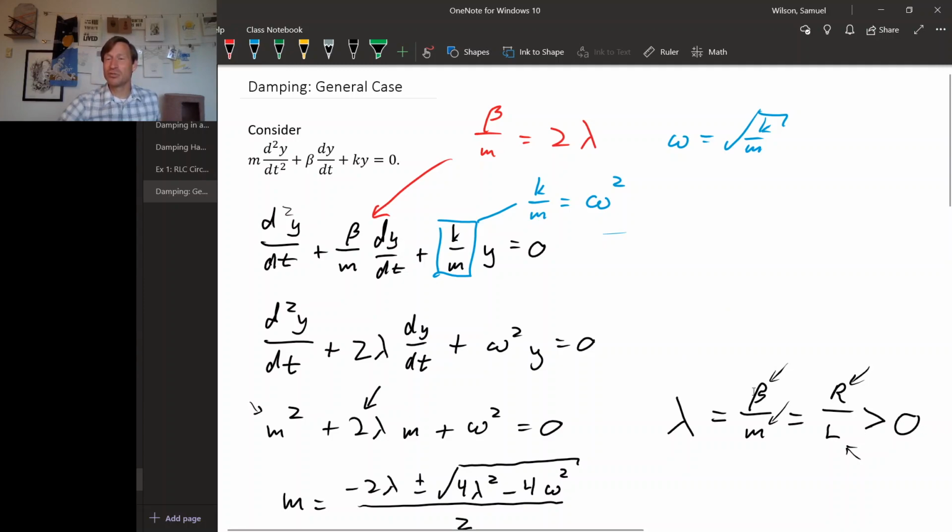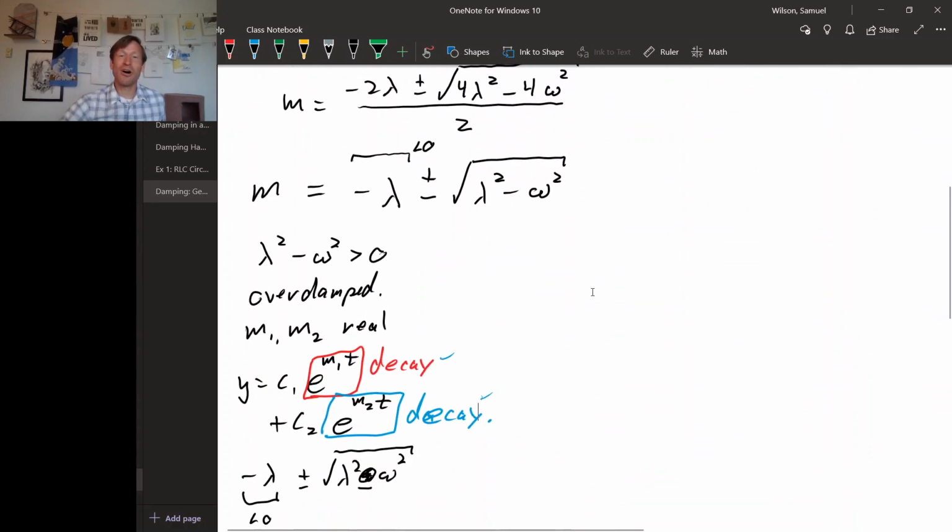To get exponential growth, you have to have some of these constants being negative, but none of them can be negative in the physical situation because we're dealing with actual masses and springs or actual resistors and inductors. So it's the physical constraints on the system, not the mathematical constraints, that prevent there from being exponential growth. Okay, so all of this was the overdamped situation.